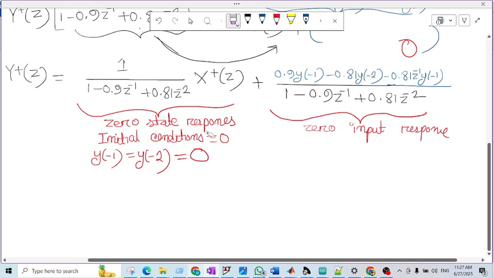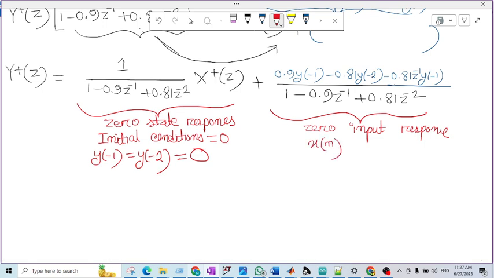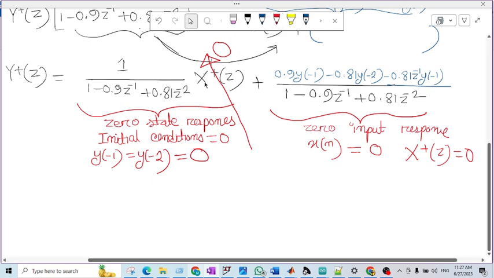Okay, now let's talk about zero input response. By the name you understand that you have to take the input equal to 0. If the input is 0, its transform will also be equal to 0. That means the first term will be equal to 0, right? As you have X plus (z) here. That means if the input is 0, Y will be only the second term.